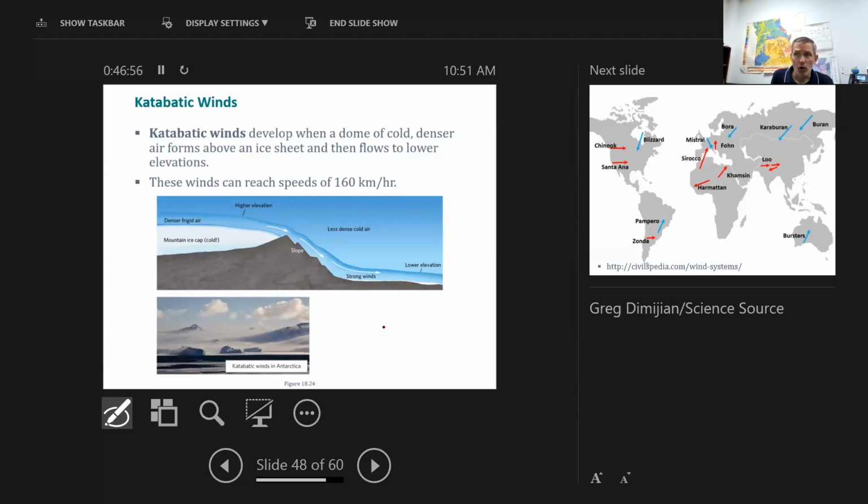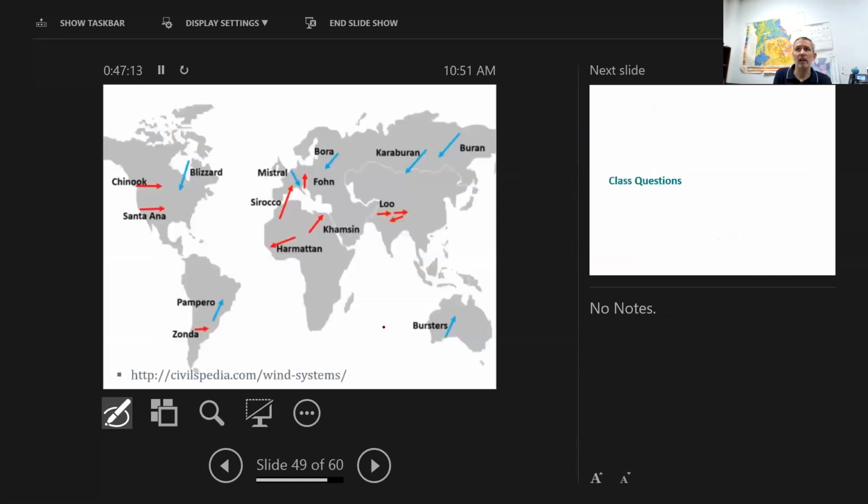If we have a dome of cold air coming down off the side of a mountain, say an ice sheet or a glacier, we can have these cold, dry airs moving down, creating very strong winds called katabatic winds off the coast of Antarctica. And so here's an image of some of the local names of these local winds.